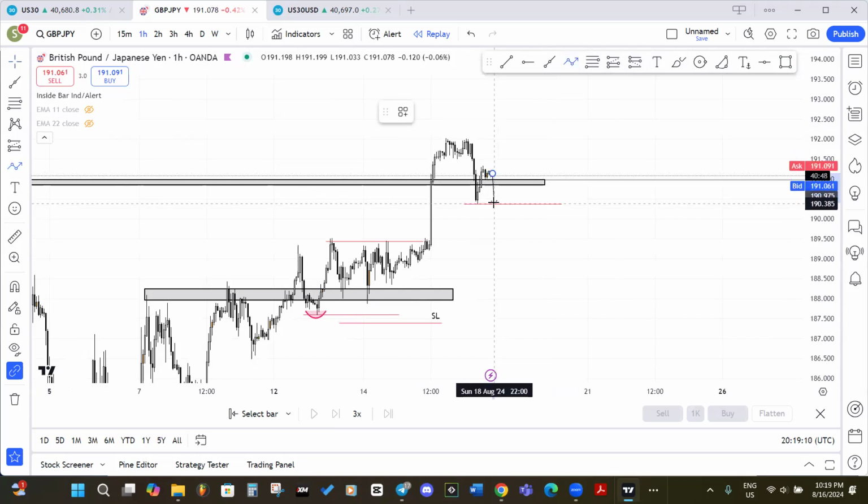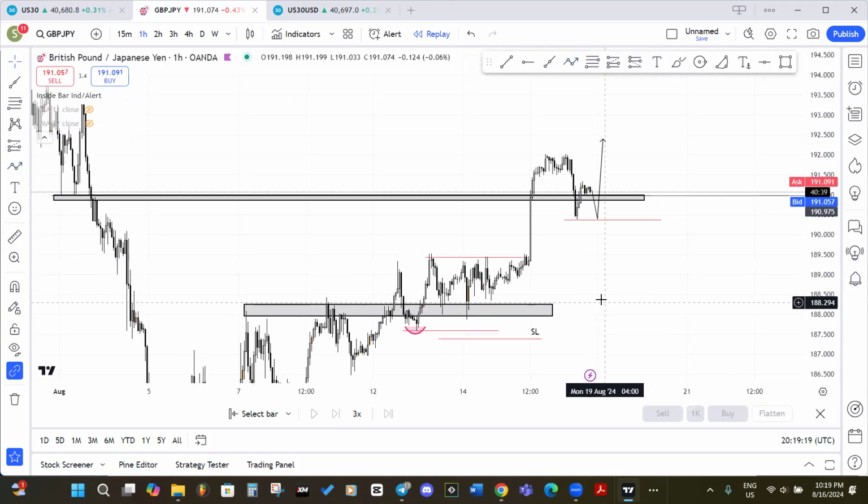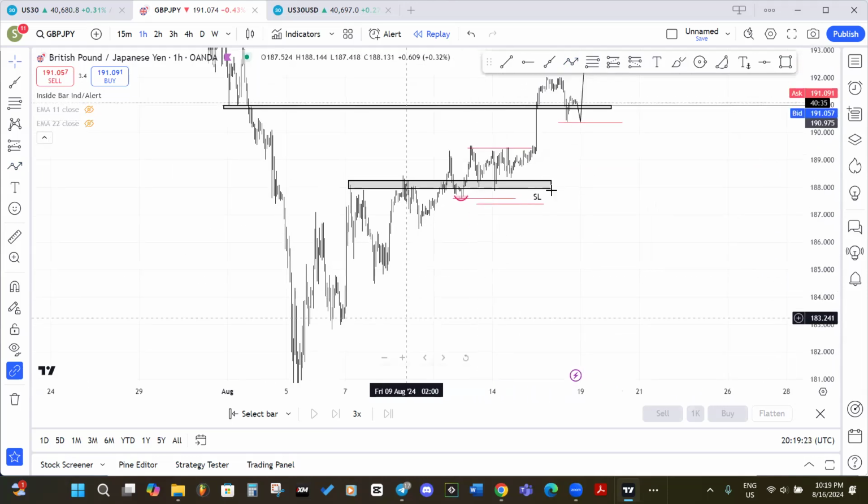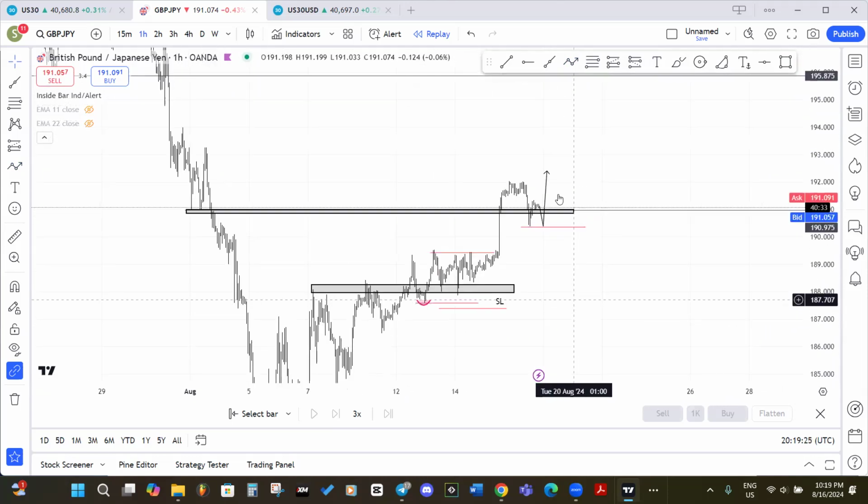Either price can come and retest it and then we push up in the next coming days. But overall I'm bullish, because I can see buyers are now in control. So yeah, that's pretty much it.